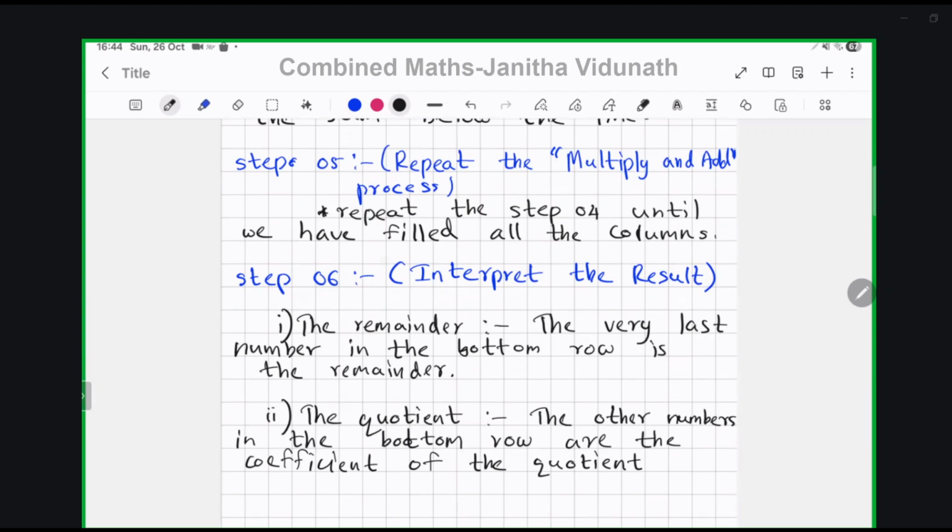The very last number in the bottom row is the remainder.